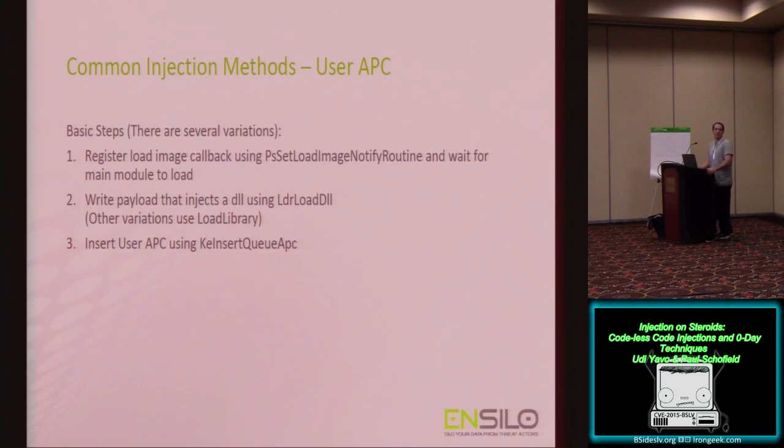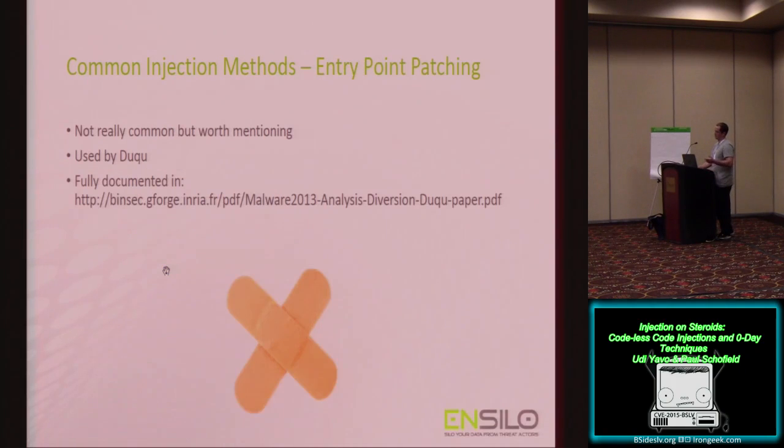There are several variations to it, but the principle is pretty much the same. And then insert an APC using KeInsertQueueApc. Code for this method can be found on the internet relatively easily, so there's no need to elaborate here.